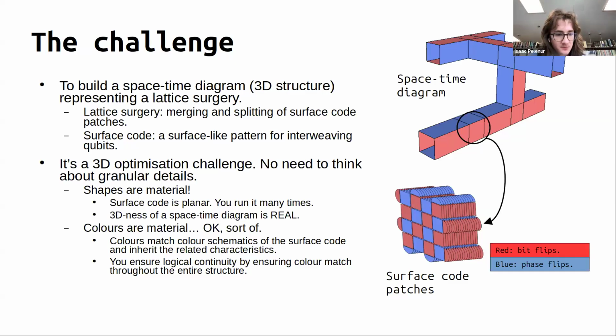Okay. The surface code has, depending on the operation that you are fulfilling, a special pattern where you have blue edges on one side and red edges on the other side. So when you run that a few times, it creates a continuity of the internal correlation surface.